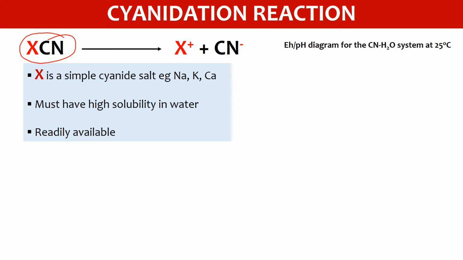So you find that your cyanide is actually bought or used as maybe your potassium cyanide or maybe your sodium cyanide, and in some cases, calcium cyanide also. Okay, so this salt is supposed to have a very high solubility in water, so it must be able to dissolve very fast and quick in water, and it must also be cheap and readily available for the process.